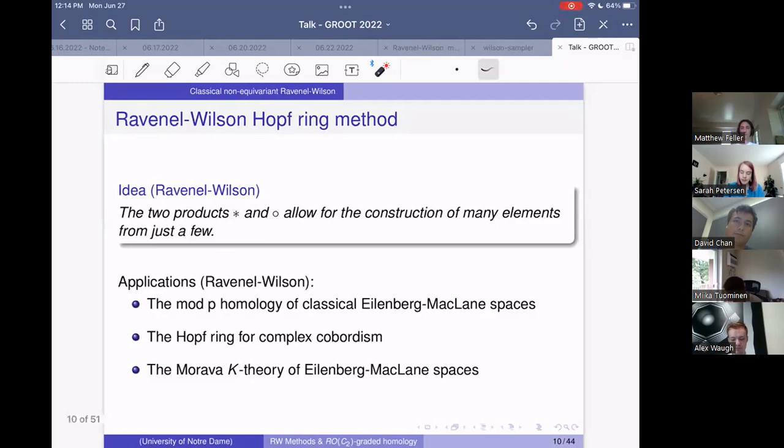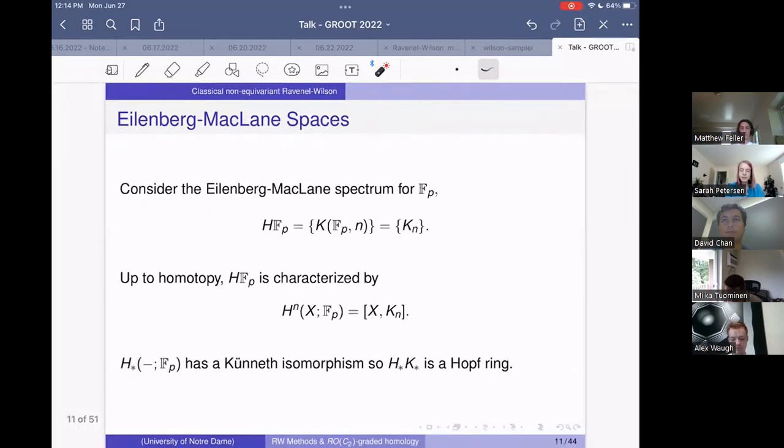And to set that up, we'll want to consider the Eilenberg-MacLane spectrum for F_p. So we have this Eilenberg-MacLane spectrum denoted HF_p, and the spaces of the spectrum, which are Eilenberg-MacLane spaces, I'll simply call them K_n.